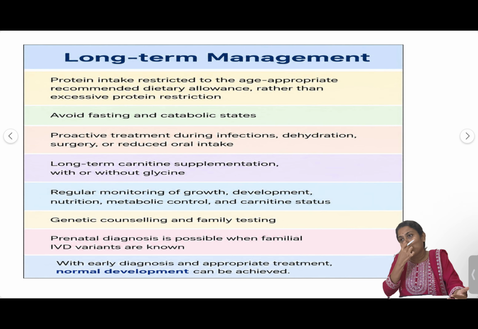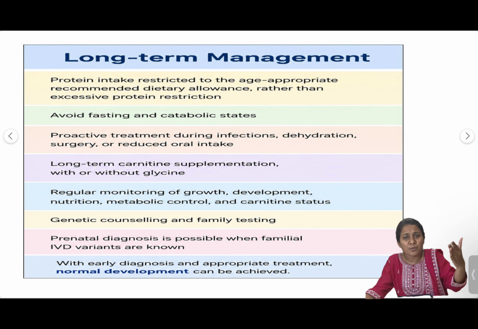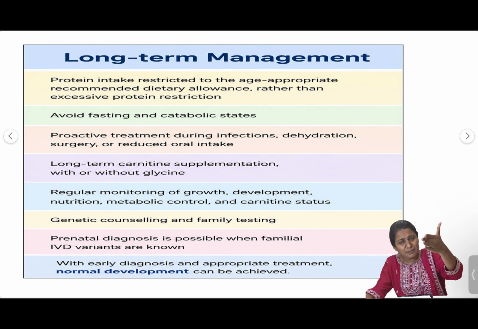Long-term management: avoid fasting. What is happening whenever you are fasting? If there is fasting, hypoglycemia is there, the body will try to regulate and the counter-regulatory system will activate. So there is all catabolism, like protein getting broken down, lipid to produce energy. There is amino acid metabolism, then fatty acid beta oxidation.